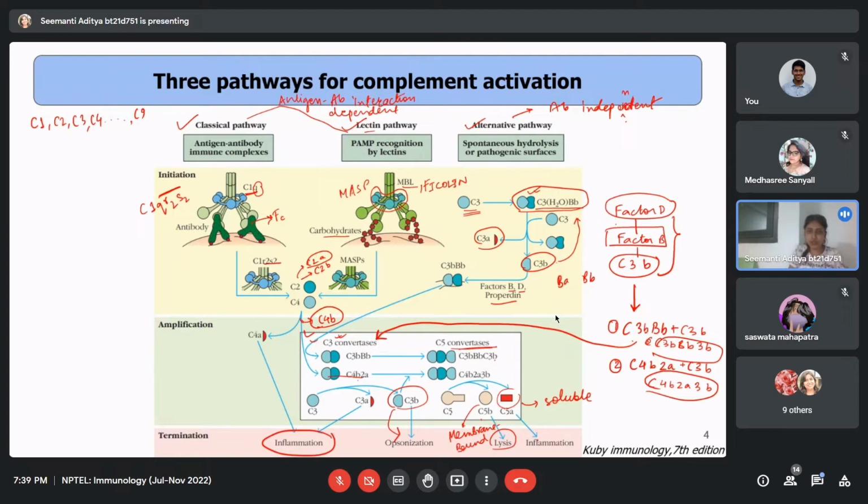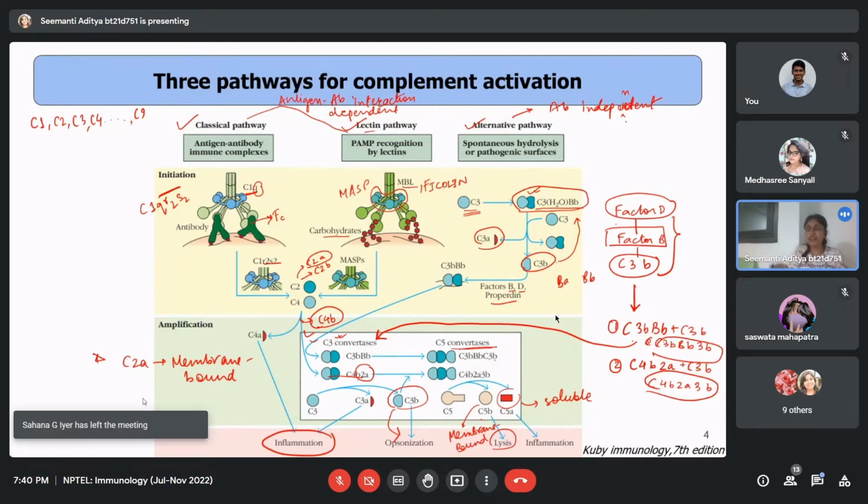So for most of the proteins, the A subunit is associated with inflammation, the exception is C2a. C2a is the membrane bound form, this is an exception. For most of the rest of the complement proteins, the A subunit is the soluble form, and this is associated with inflammation.